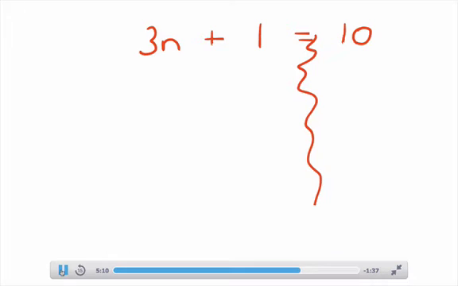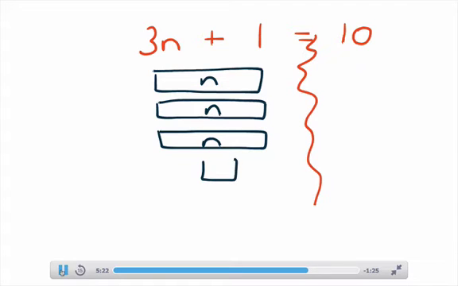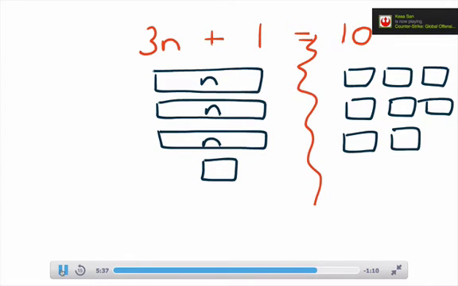So I have to write that out as a variable tile of n, a variable tile of n, and another variable tile of n. And then we can't forget about the plus 1 because that's part of this side of the equation as well. So I've got 1 non-filled in tile. And then, of course, on the right, I've got 10 positive tiles. So we need to represent that as well. 5, 6, 7, 8, 9, 10.